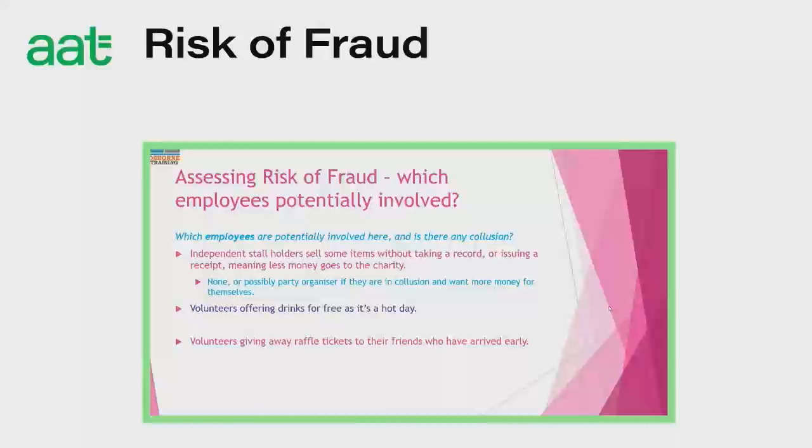So our first risk then, with the independent stall holders, unlikely to have any employees here, but you could possibly have the party organizer, the event organizer, might be in collusion. They wanted to take some more money for themselves rather than giving it to the charity.